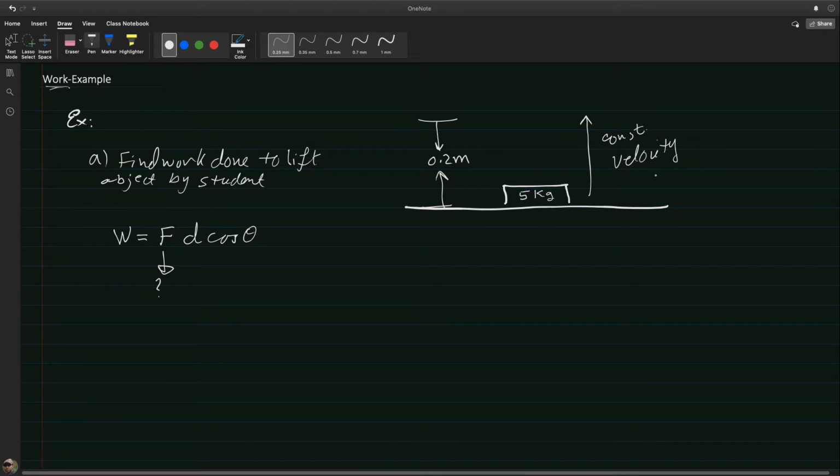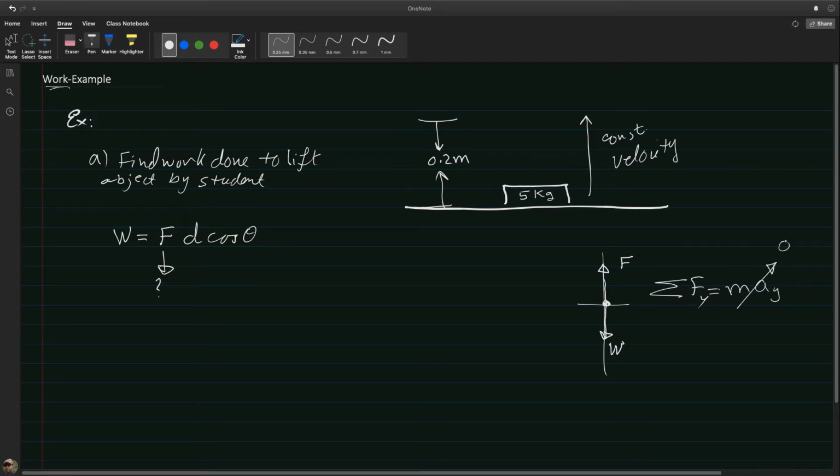So if they're lifting the book up at constant velocity, let's draw a free body diagram to find what the force is. So this is the book. The student's force is up and the gravity is down. So that's W, okay? Since we are moving up at a constant velocity, the summation of the forces in the y direction is equal to mass times acceleration in the y dimension, but with constant velocity the acceleration is 0.